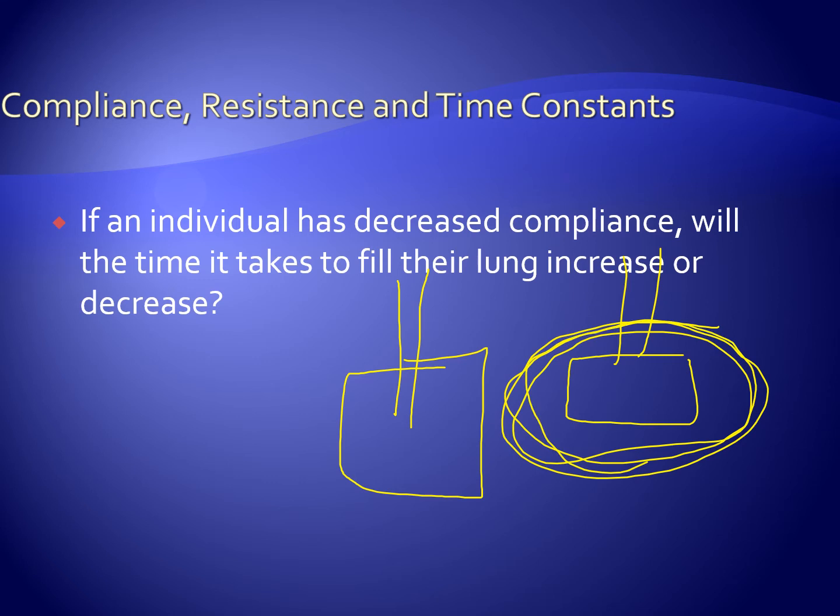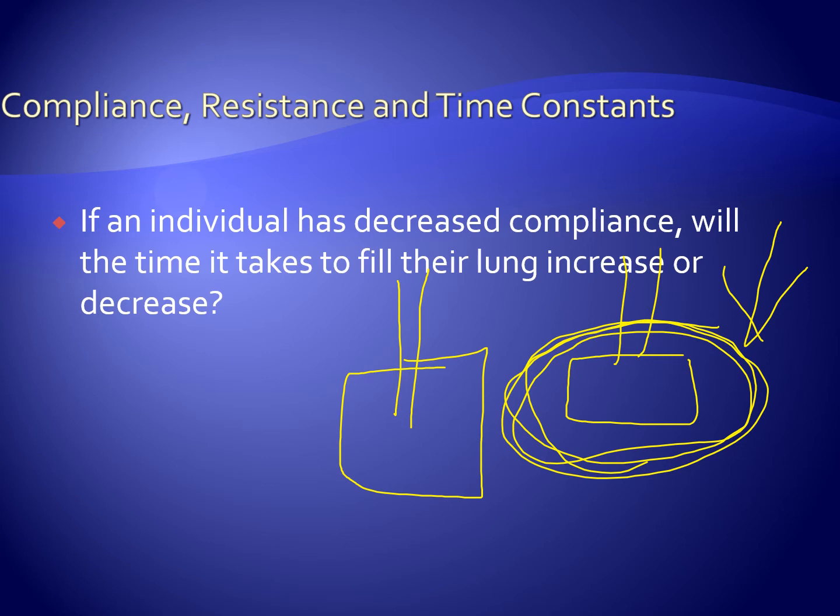It is resisting expansion. If an individual has decreased compliance, like pneumonia or pulmonary fibrosis, or could even be something like a pleural effusion that's restricting lung expansion, will the time it takes to fill their lung be increased or decreased?